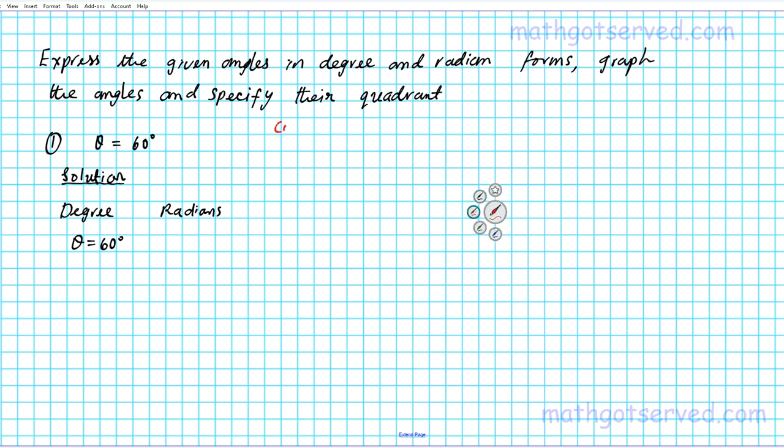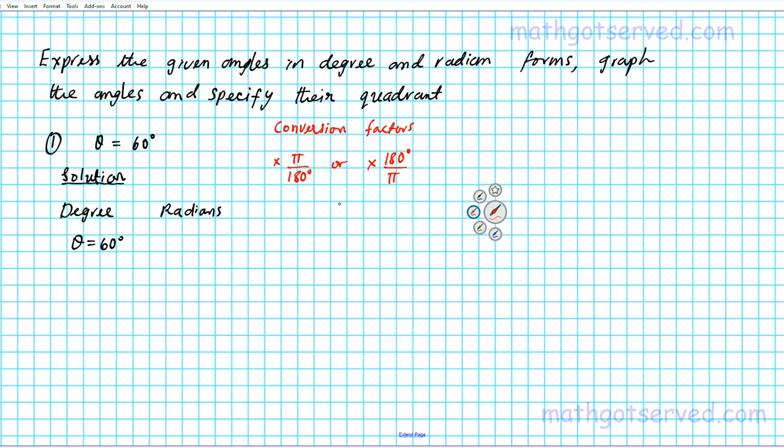Your conversion factors are what you use to convert from degree to radians or the reverse. You either multiply by pi over 180 degrees or you multiply by 180 degrees over pi. All right, so the secret here is you look at what you're given, the conversion factor that has that measure either on top or on the bottom.